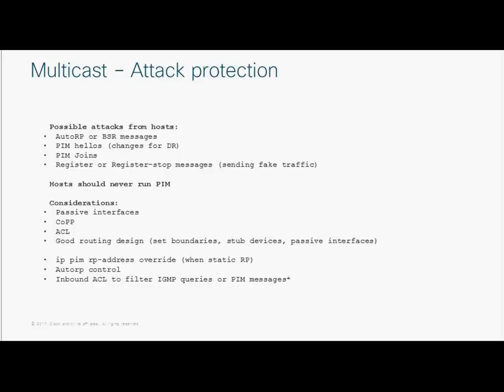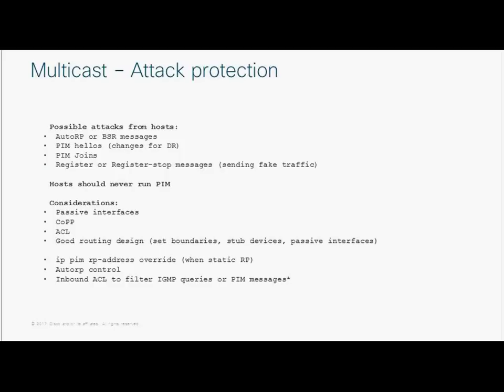We have control plane policing, which is also a nice way to protect the control plane, because we have seen situations in which there are literally hundreds of devices sending joins or registers to an RP, overwhelming the RP CPU and making it crash. So that's also a good consideration to have here.